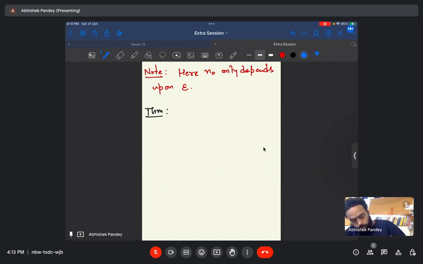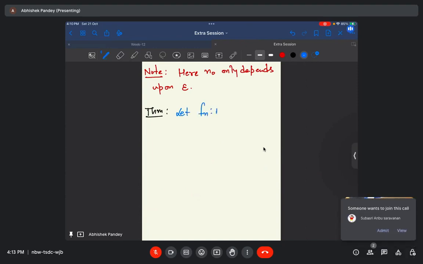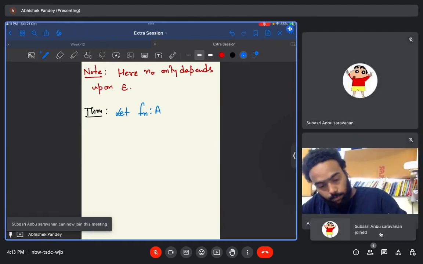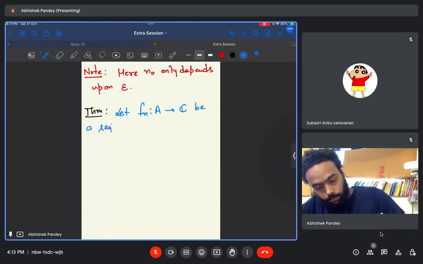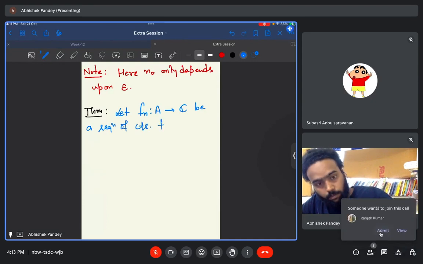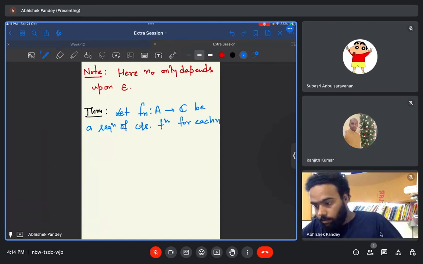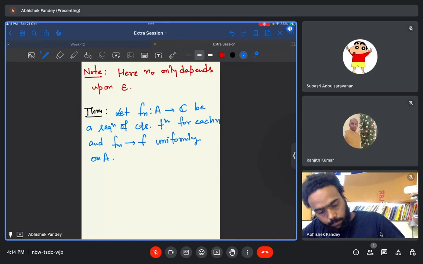Okay, so let fn from A to C be a sequence of continuous functions for each n, and fn converges to f uniformly on A. Okay, so the theorem is then f is continuous.